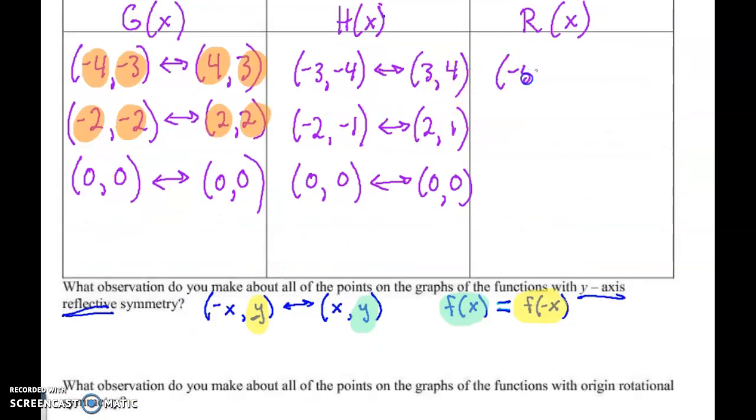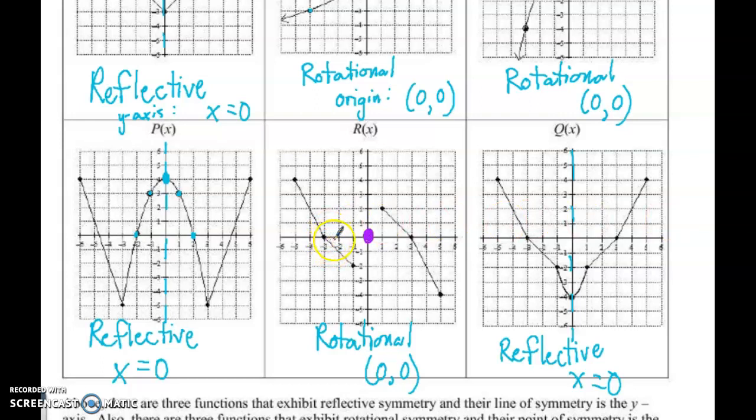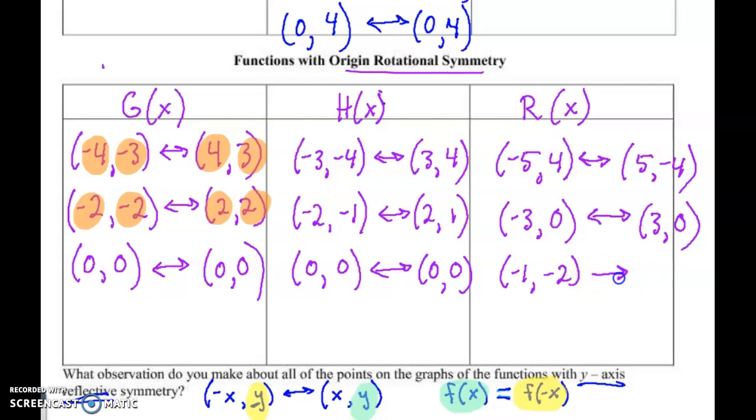Then negative 3, 0 to 3, 0. And then negative 1, negative 2 was mapped to 1, 2.